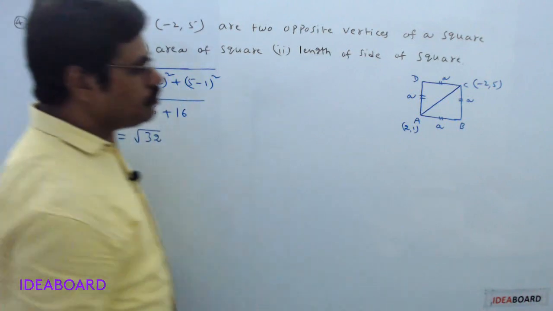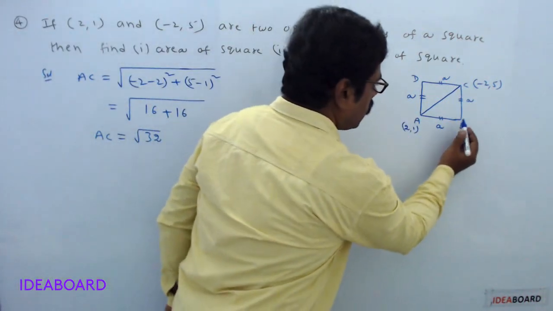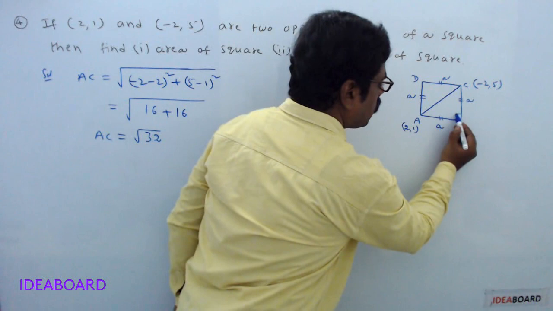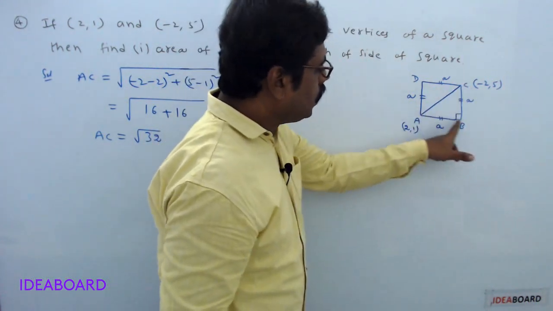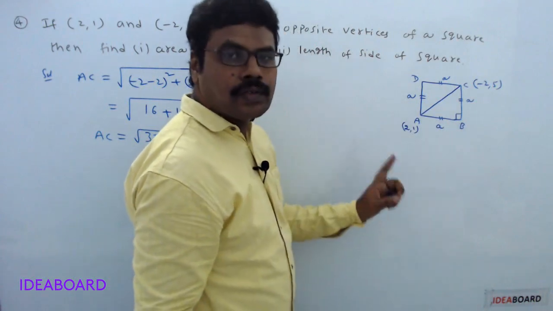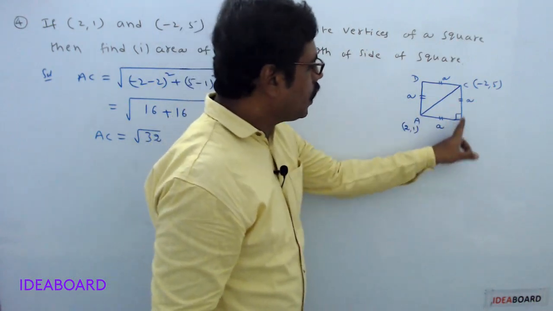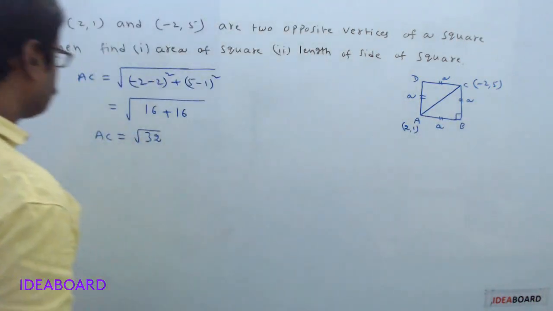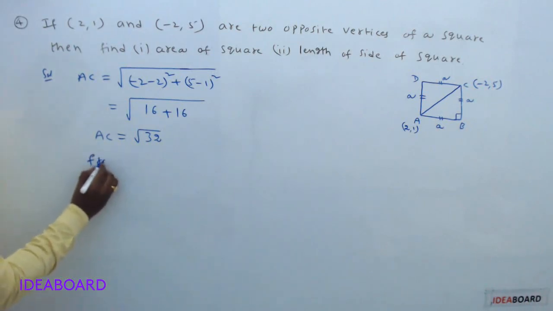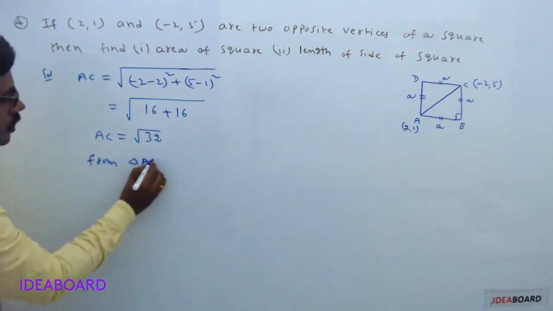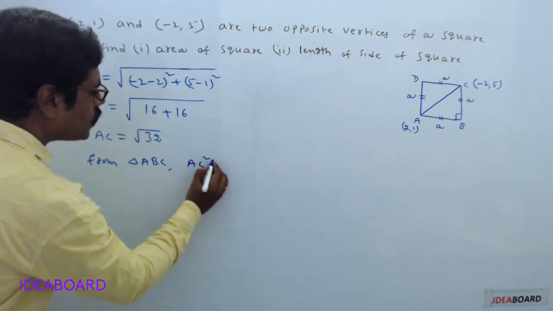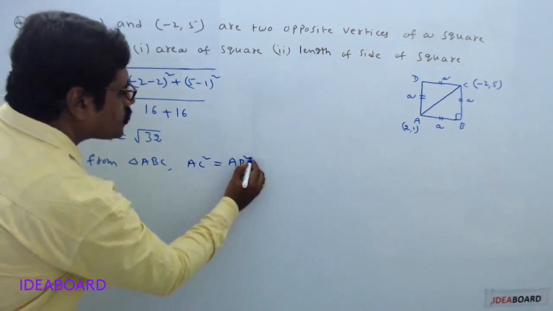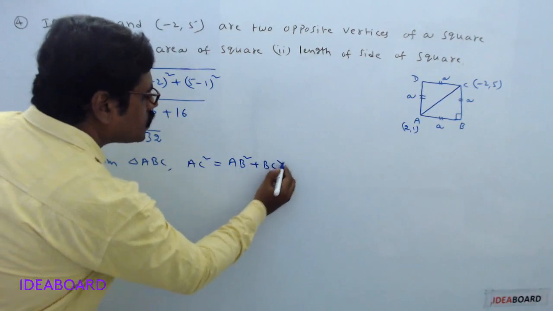Now look at the diagram. In a square, adjacent sides are perpendicular. So ABC is a right angle triangle. So use the Pythagoras theorem on triangle ABC. From triangle ABC, AC square equals AB square plus BC square.